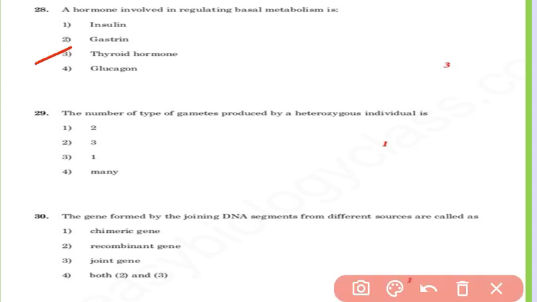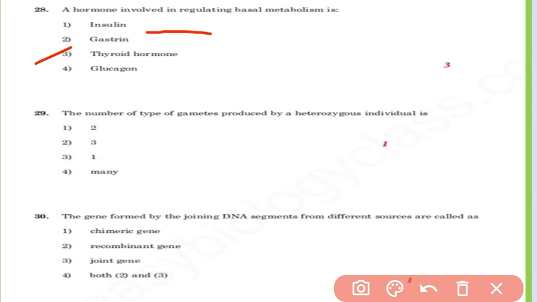Read other options also. Insulin is secreted by beta cells of the pancreas. It controls the glucose level in the blood. Then gastrin. Gastrin is a peptide hormone that stimulates the secretion of gastric acid by parietal cells of the stomach and aids in gastric motility.